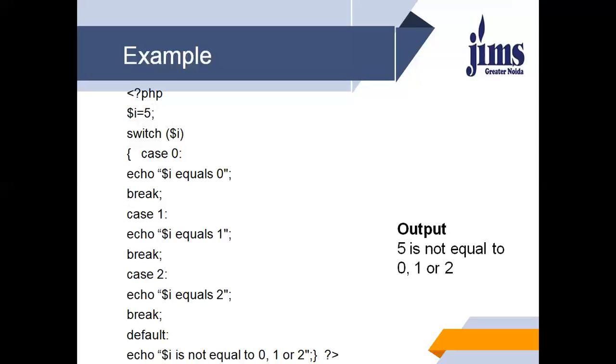So the output will be 5. $i is the value of i, which is 5. Switch 5, so it will check the matching case. But case 5 is not available. We have 0, 1, 2. So by default, it will go to the default case. It will print 5 is not equal to 0, 1 or 2, and it will exit.